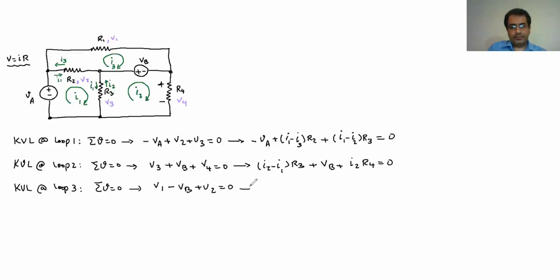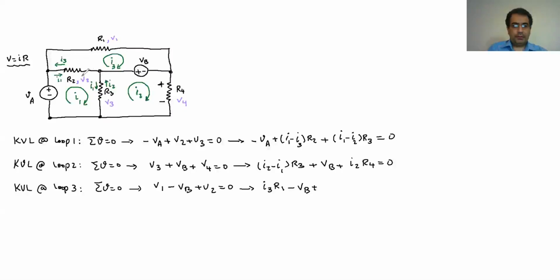So again, if I replace the V1 with Ohm's law, it's going to be R1 I3, because there's nothing else going there. So only I3 goes there, times R1. Then I have the voltage, which I know the magnitude. And then I have V2.